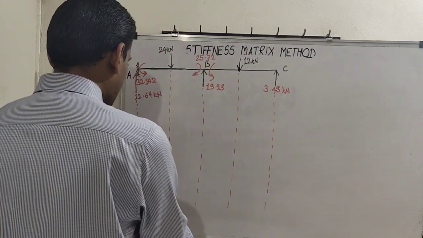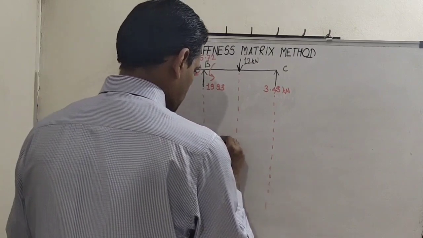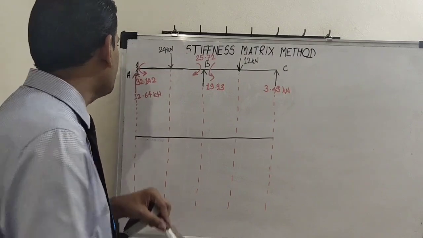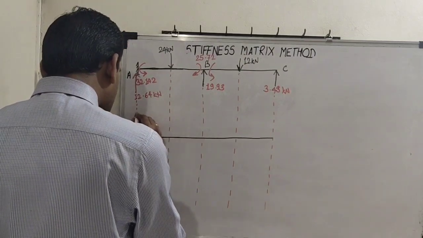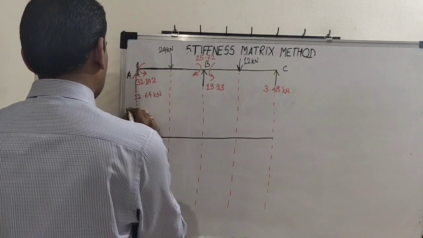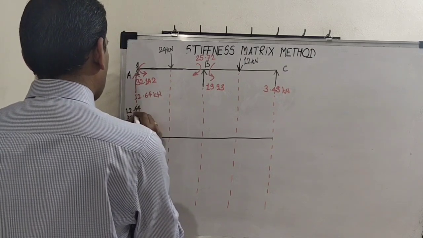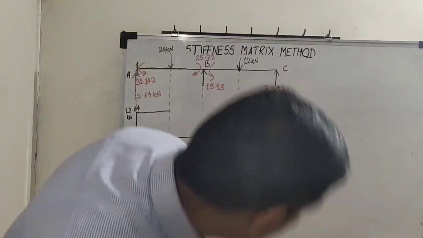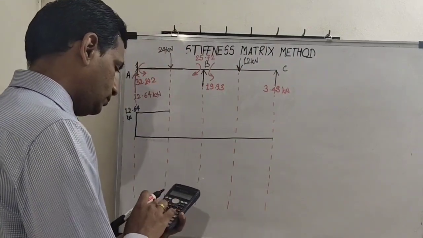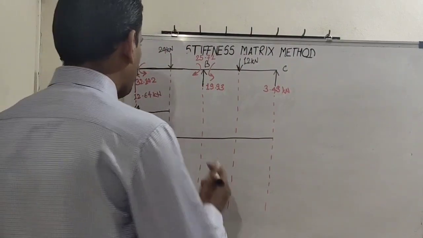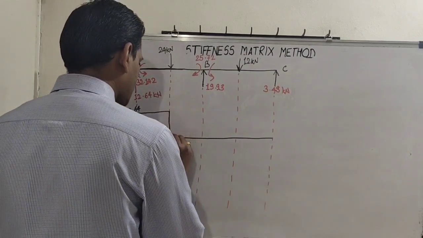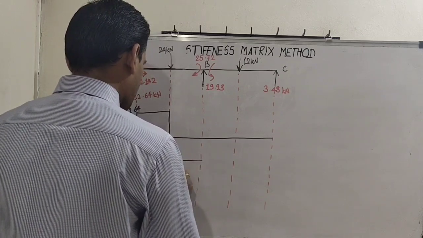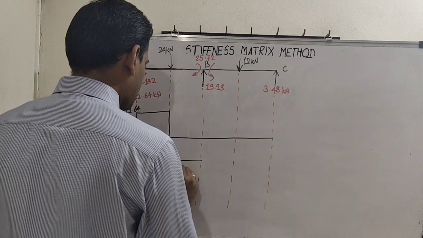Now draw one reference line and show the shear force values at all the prominent sections. So this is 12.64, then 12.64 minus 24, it is 11.36 with minus sign. So this is minus 11.36.